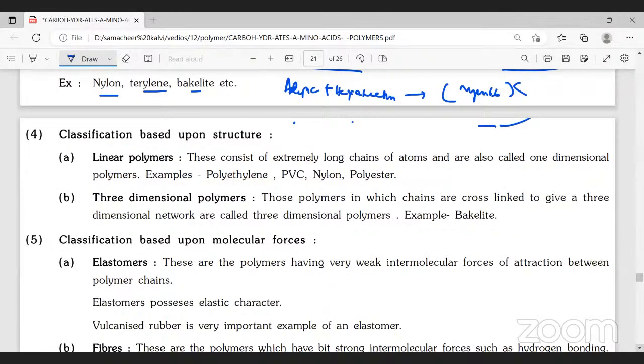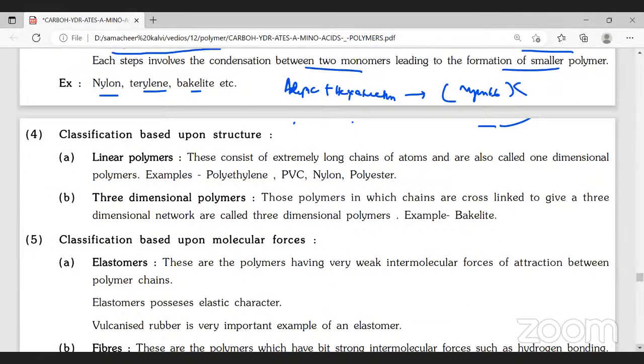Now, the next method of classification is based upon the structure. Based upon the structure, we have three types of polymers. One is the linear polymer. The next one is the branched polymer.